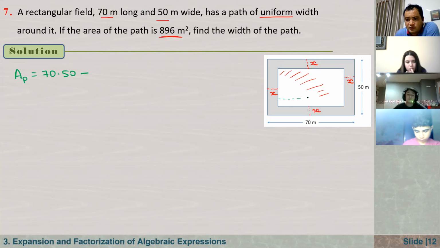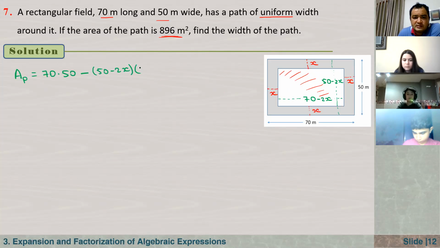Its length is 70, but we cut off x meters from the left hand side and x meters from the right hand side, so that is 70 minus 2x. And how about the width of this internal part? That is 50, minus x from here and x from here, so it is 50 minus 2x. So the area of this unshaded part is 50 minus 2x times 70 minus 2x.